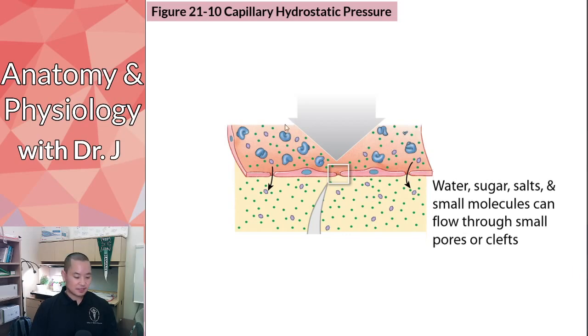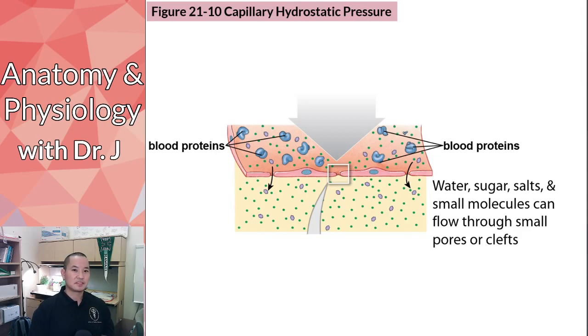Okay, so then we have to go back to that previous picture and look a little closer. This is the inside of the capillary, the lumen, where we have all the blood plasma. This is the interstitial fluid. What we see here are things like glucose, ions, and water being pushed via capillary hydrostatic pressure through these little pores. But what are these bigger blobs?